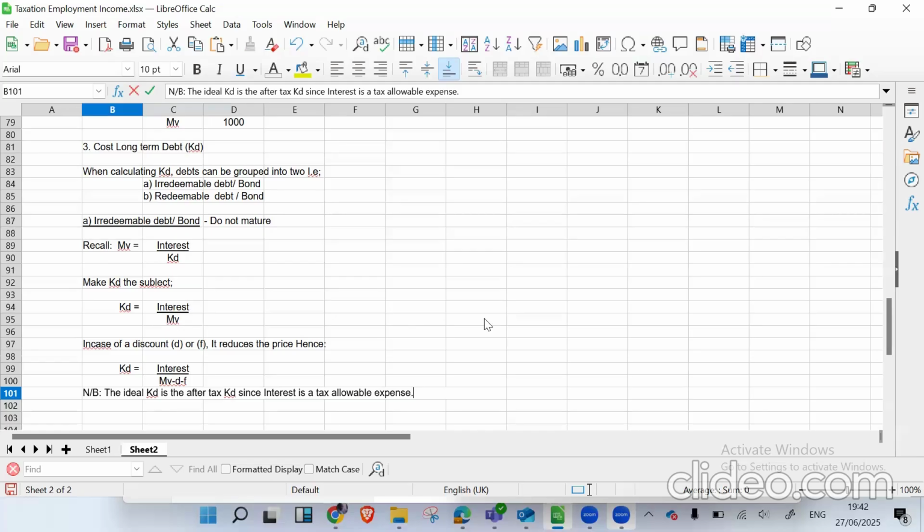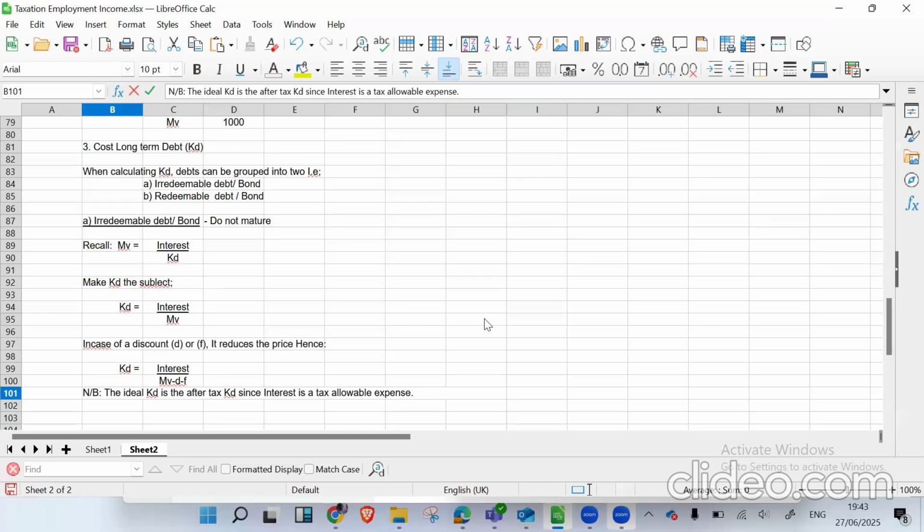When you prepare the income statement, the P&L, the finance cost, the interest, is an expense before taxation. While preparing the P&L, you have sales, you less the cost of sales, you get the gross profit, you less the operating expenses, you get the operating profit, which is like our EBIT.